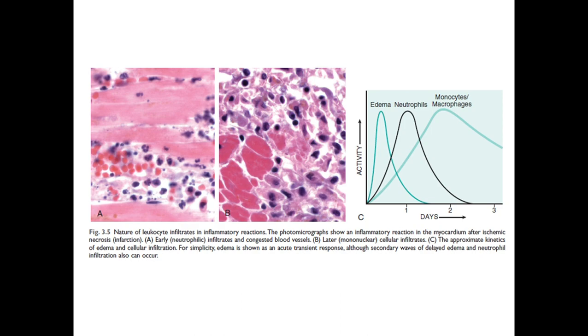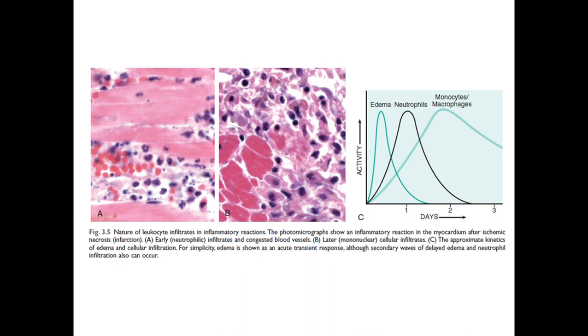In B, we will see later mononuclear cell infiltration. This depends on the chronicity of the inflammatory infiltrate: early infiltration with neutrophils and later chronic infiltration with mononuclear cells.